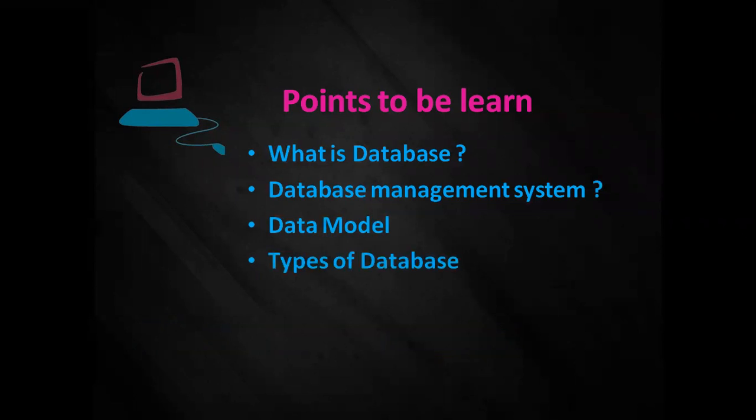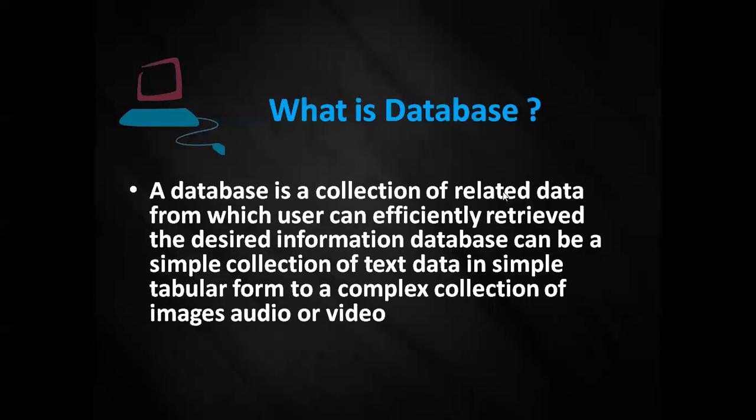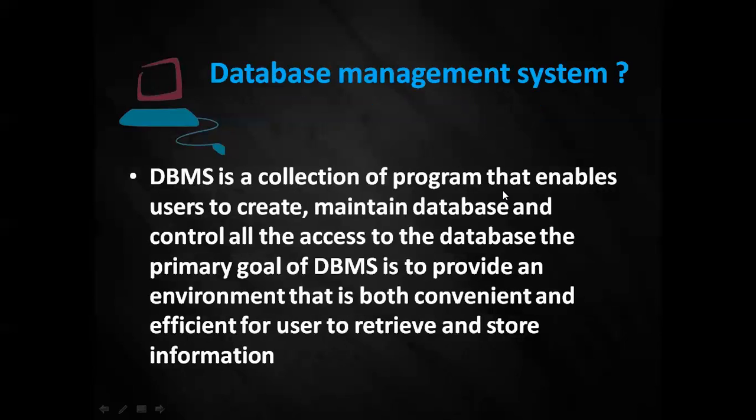From these 4 points, we have covered till now 2 points: what is database and database management system. What is a database? We have already learned it is a collection of related data. Then the database management system is a particular system which maintains our database and helps us to store and retrieve the data.